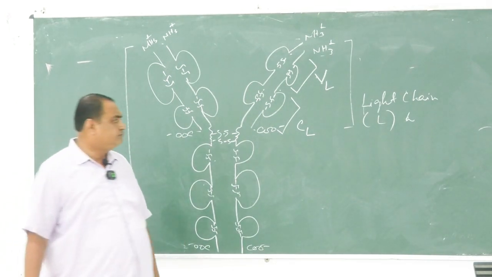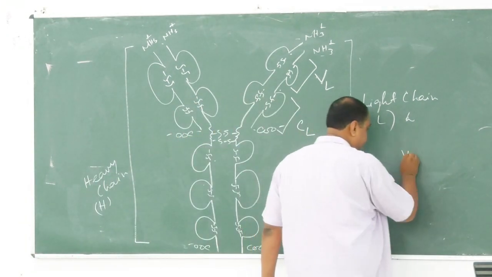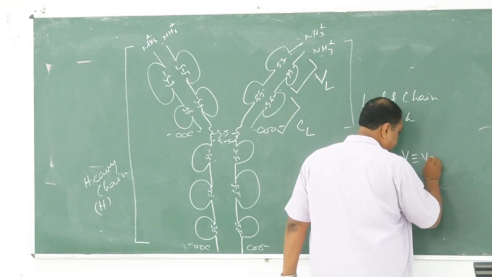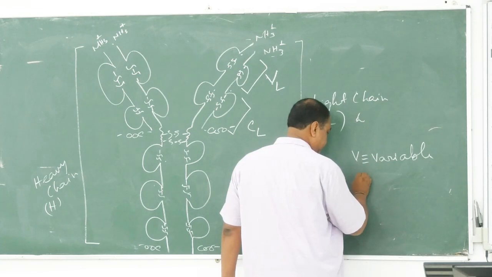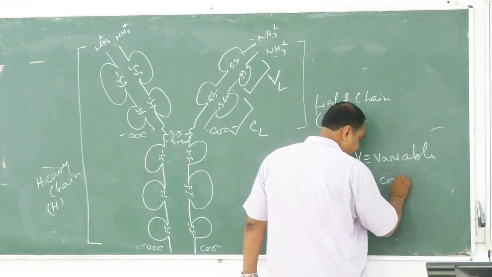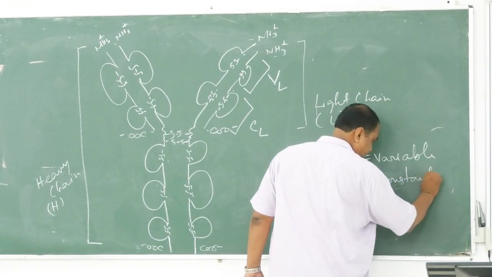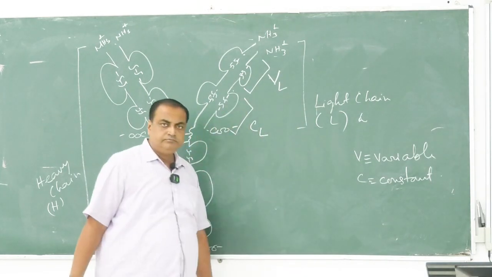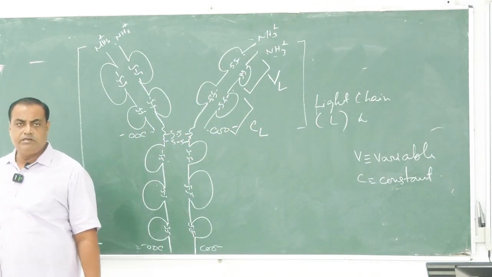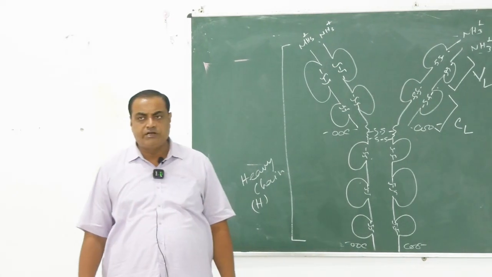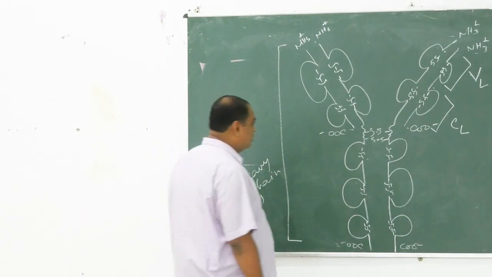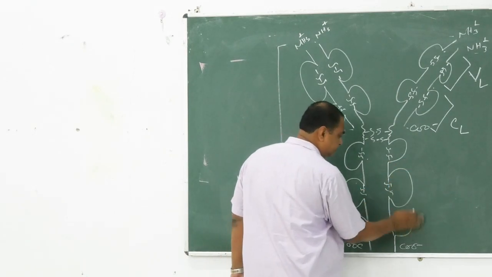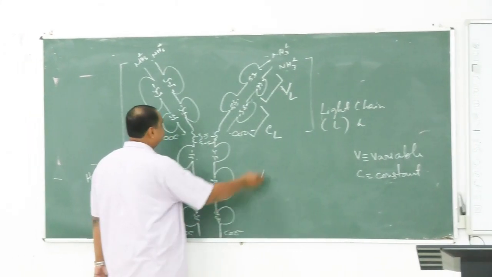V stands for variable region, C stands for constant region. Clear? What about in case of heavy chains?